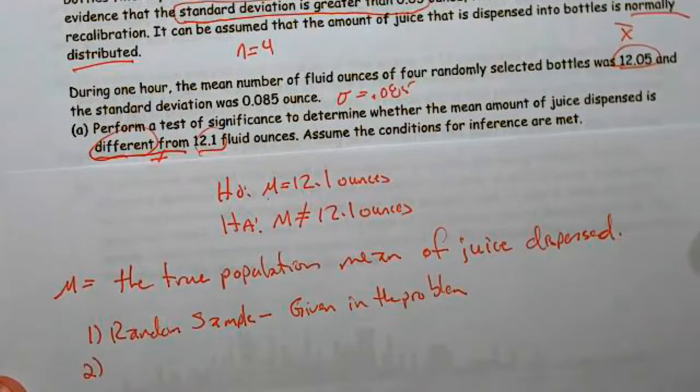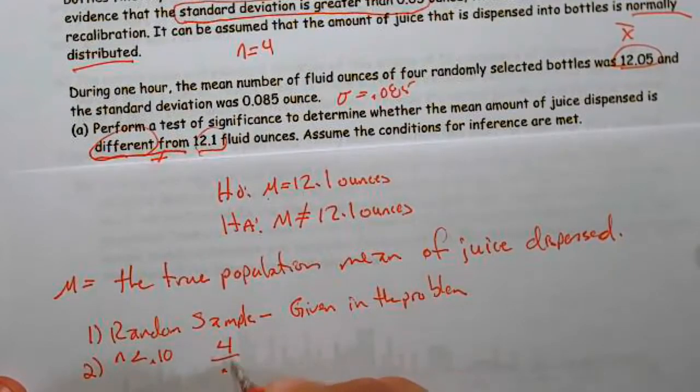Two, N is less than 10%. So in this case, 4 divided by 0.1 equals 40.